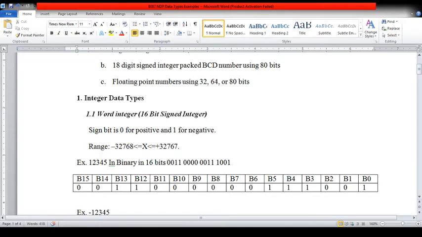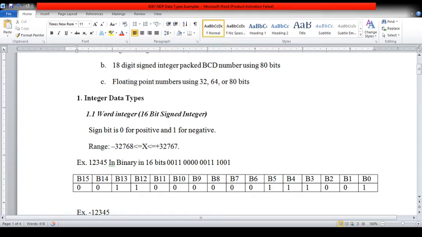The representation of the numbers is always done in 2's complement format. That's why the 16th bit, that is B15, is not used as part of the number magnitude. The remaining 15 bits, from B0 to B14, are included in the magnitude.